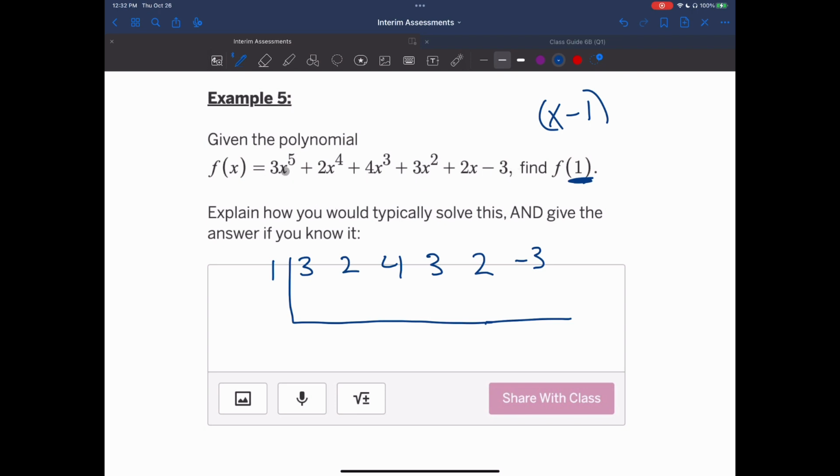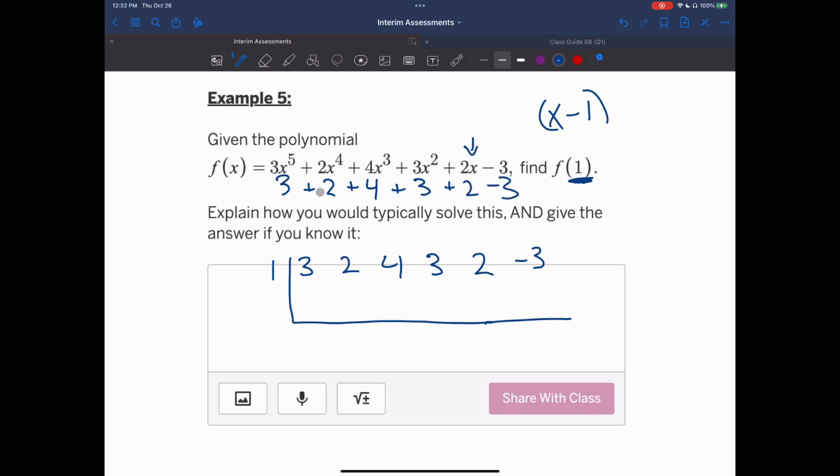You can kind of do it mentally. 1 to the 5th power is just 1 times 3, so it's going to give you 3 for this term. Same thing here, you'll get a 2 for this one, a 4 for this one, a 3 for this, 2 times 1 is just 2, and then minus 3.